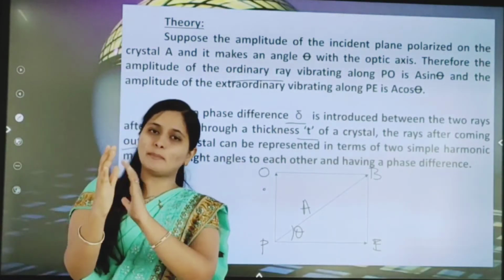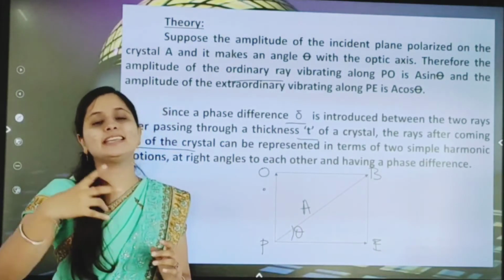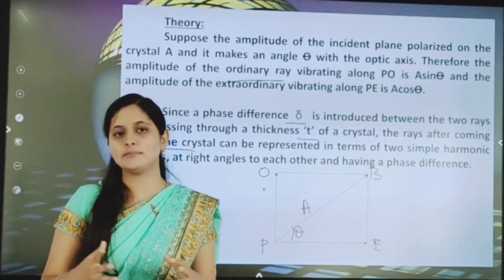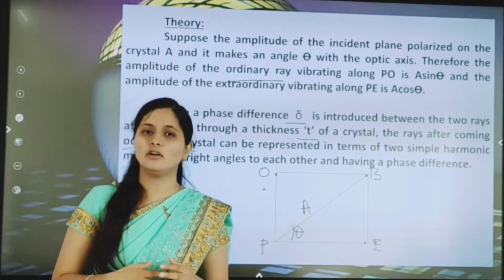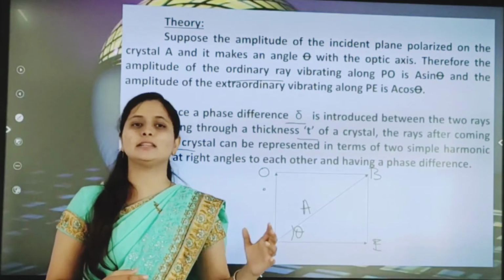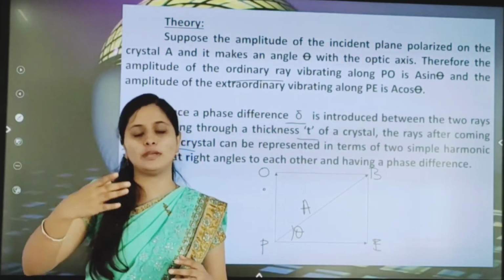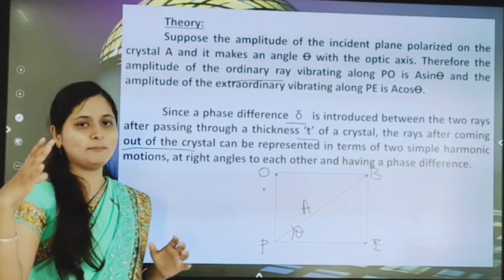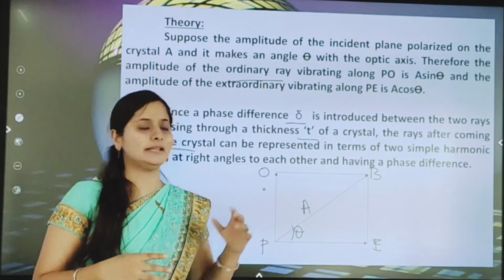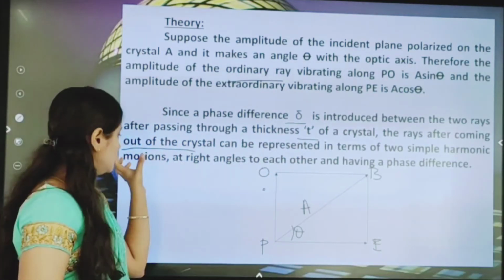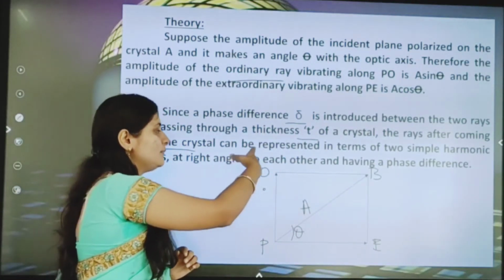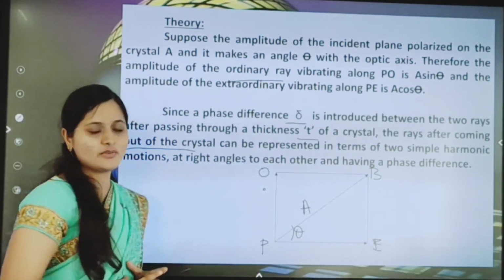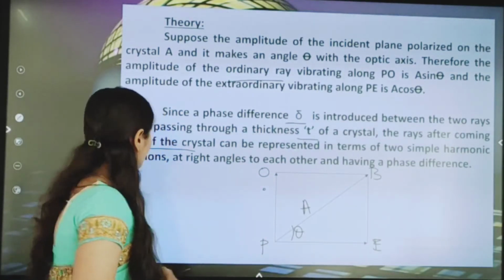Simple harmonic motion follows the equation y equals a sin omega t, where y is the displacement, a is the amplitude, and sine of the angle. So on coming out of the crystal, the rays give two simple harmonic motions at right angles to each other with a phase difference. This is the explanation of this slide. We'll move to the next.